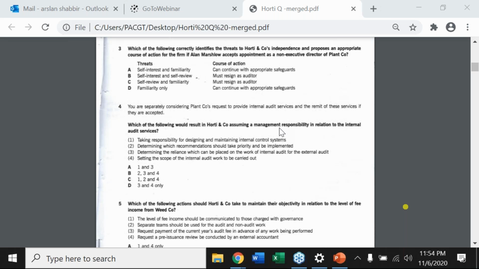If the audit firm is the owner of the internal audit function at their client, it is responsible for designing and maintaining the internal controls. It is responsible for giving the recommendations. It is responsible for setting the scope of the internal audit work to be carried out, but it is not responsible for determining the reliance for the external audit work.